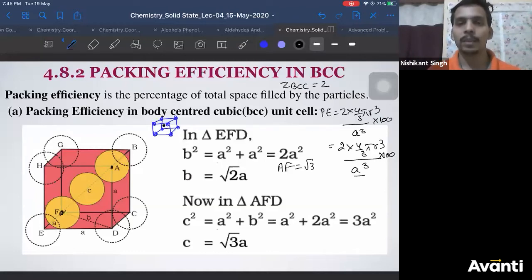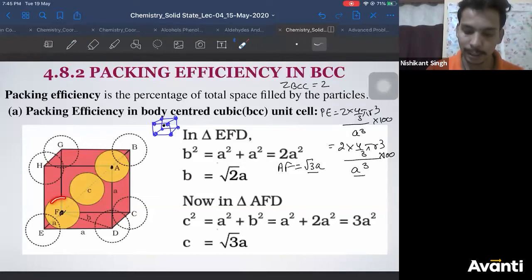Root 3a. Samir, it is not root 2a, beta. The length of the face diagonal is root 2a. The body diagonal is root 3a. Check the previous calculations. And along this root 3a there are 3 particles touching each other. So how many radii do 3 particles have? From the corner to the center is radius r, and from the center to the other corner is radius r.